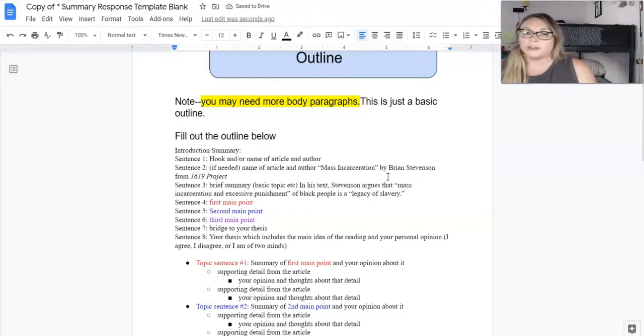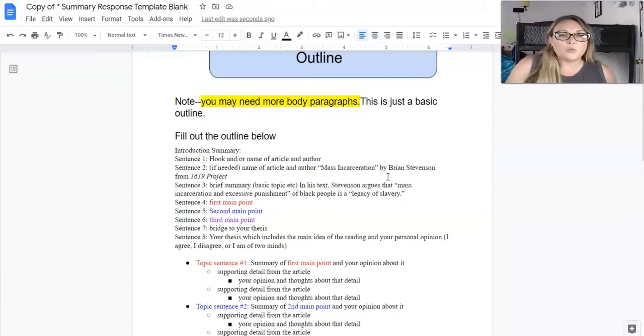If I wanted to talk a little bit more about it, I have more ideas. One of the first main points that he makes here, and I'm going to write it in red so that when I bring it down, you'll see that it's still in red and that this is the first main point.